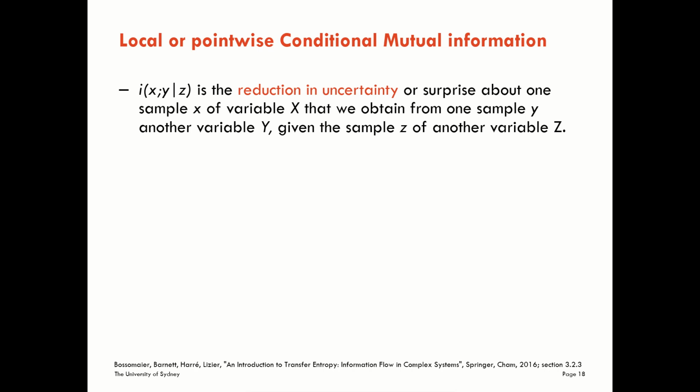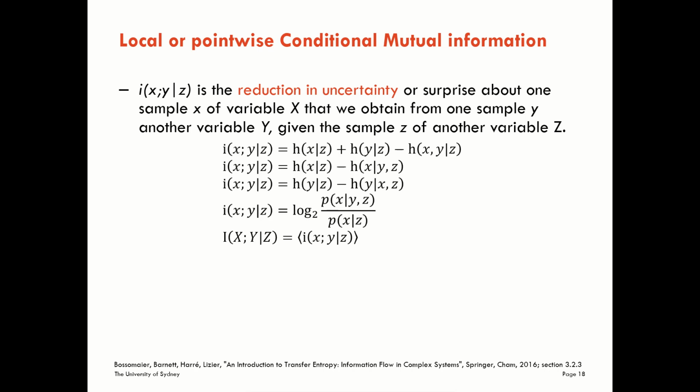We can also think about pointwise or local conditional mutual information terms here, the same way we thought about pointwise or local mutual information terms earlier. Here again we can write down all of our equations for the pointwise terms, simply conditioning them on z. Okay, so that's a fairly straightforward one.